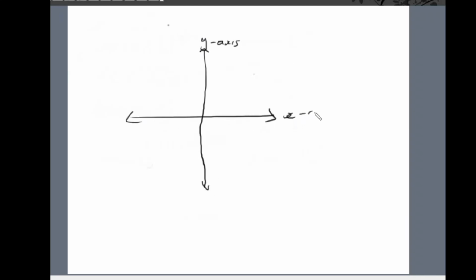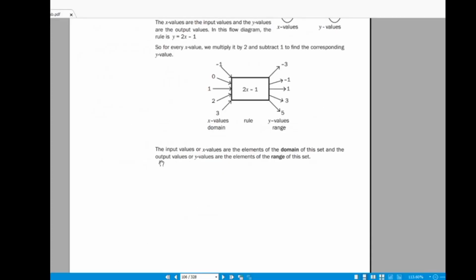This is our x-axis, right? So when we talk about the domain, we're talking about the x values which will lie in here. So when you think about the domain, think about the x-axis, and when you think about the range, think about the y-axis, right? So if we visualize what's happening, this is what's happening. The domain is a set of x values and the range is a set of y values, right?